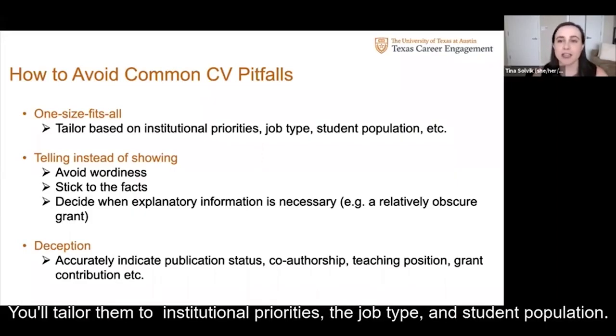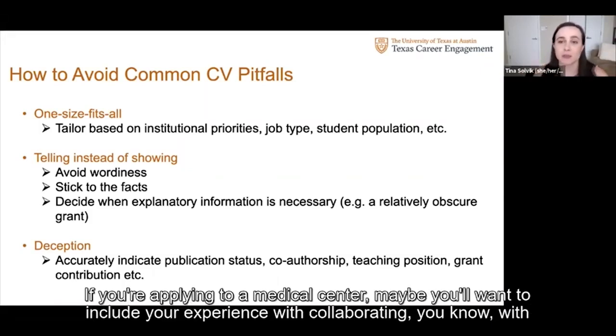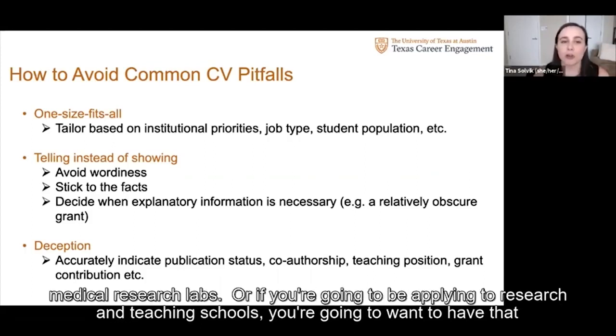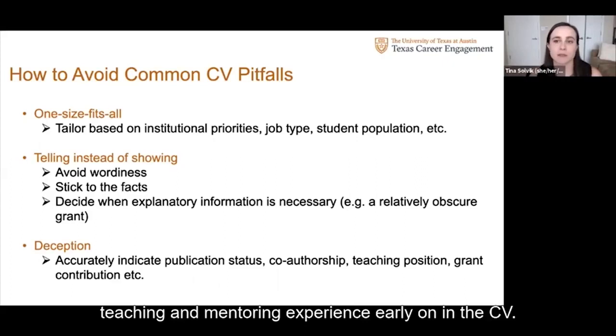So if you're applying to a medical center, then maybe you're going to want to include your experience with collaborating with medical research labs. Or if you're going to be applying to research and teaching schools, you're going to want to have that teaching and mentoring experience early on in the CV.